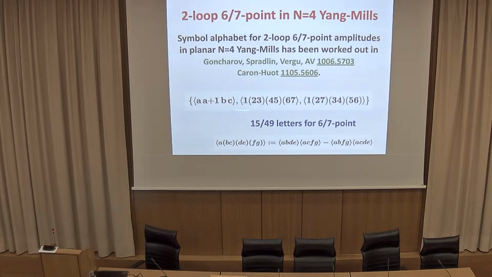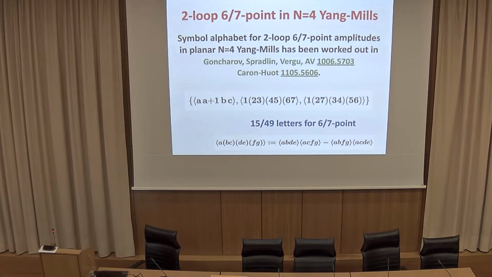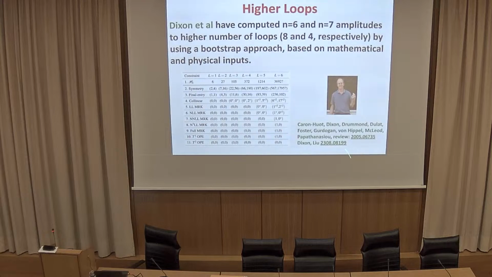Perhaps all the notation is not important. As I said, we have loops and legs, and for example, for two loop, 6 and 7 points, the alphabet has been worked out from the amplitude calculations, and there are some known answers for them. There are techniques due to, again, Yorgos here and Lance Dixon and collaborators.